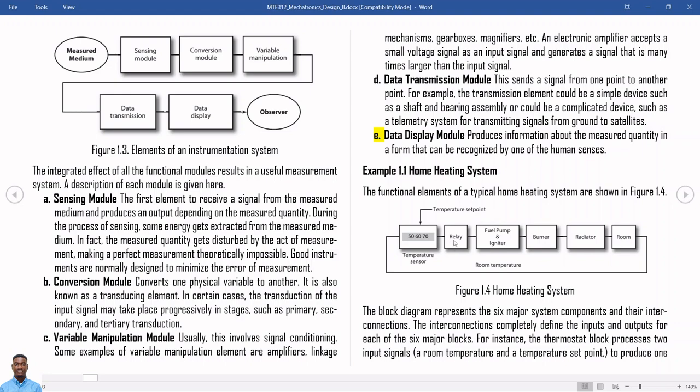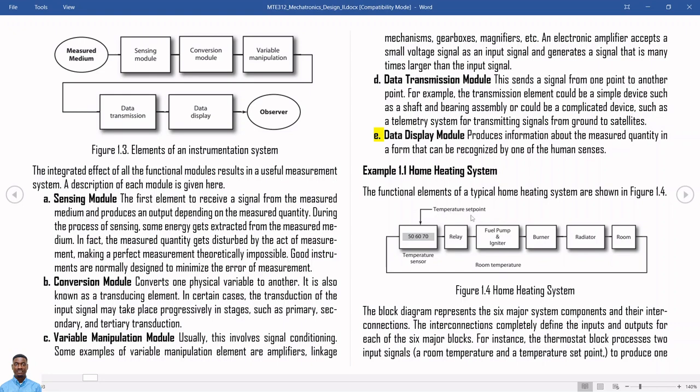This relay controls the fuel pump or the igniter that initiates the burner to burn, so that the radiator can increase temperature and the room temperature can also be increased. And whatever increase is measured in the room temperature is checked against the set point.